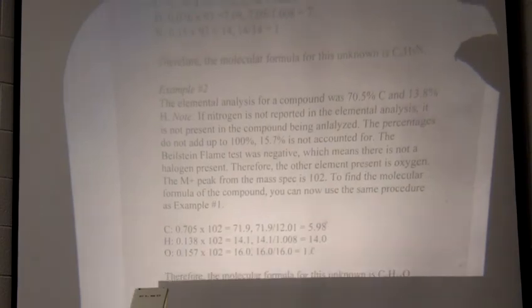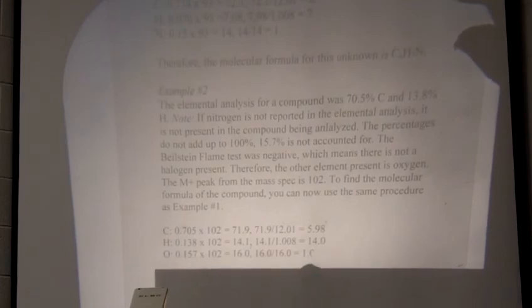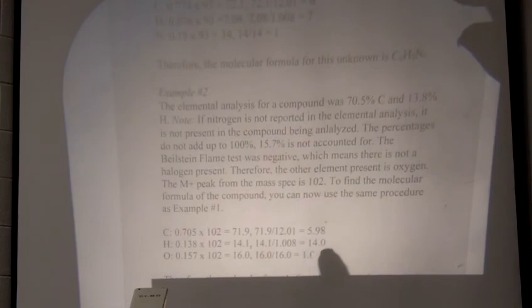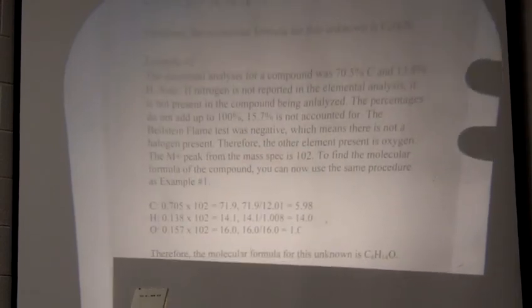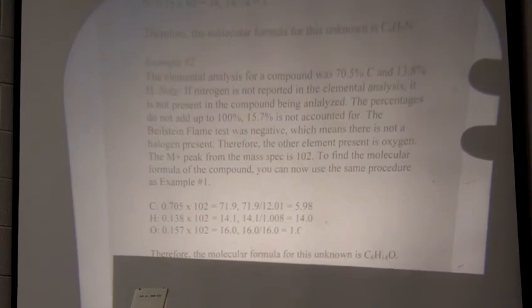So we have 1.0 oxygen, okay? The formula in this case was carbon 6, hydrogen 14, and then oxygen 1, okay? So, okay so far? Okay.